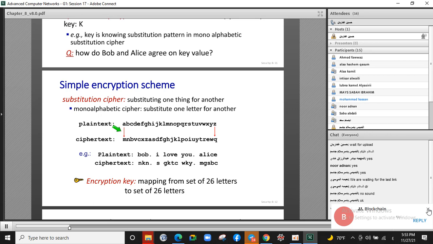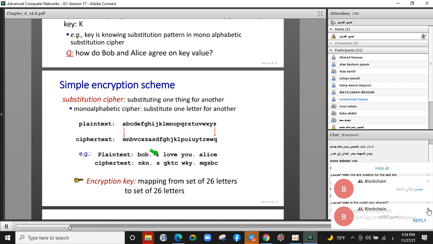For example, in English, I know that this letter can be I, a single character. Statistically, I can recover this. When I see S, I can replace it with I.